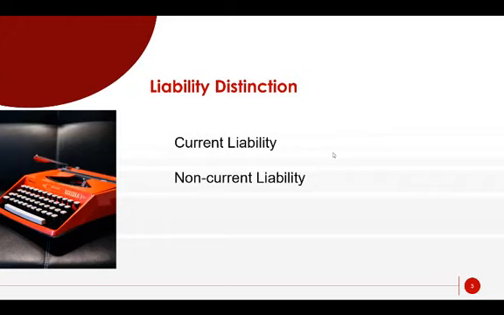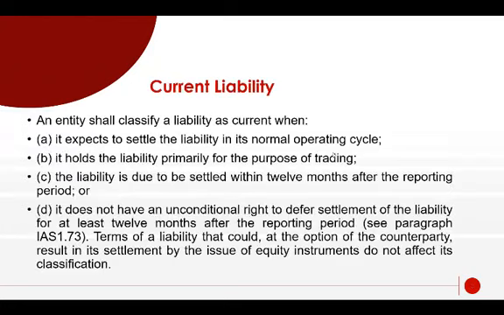Now we have two distinctions of liability. One is current liability and the other one is non-current liability. When you talk about current liability, a liability is classified as current when it can be settled within the normal operating cycle, or it is held primarily for purpose of trading, or it is due to be settled within 12 months after the reporting period, or it does not have any unconditional right to defer settlement of the liability for at least 12 months after the reporting period.